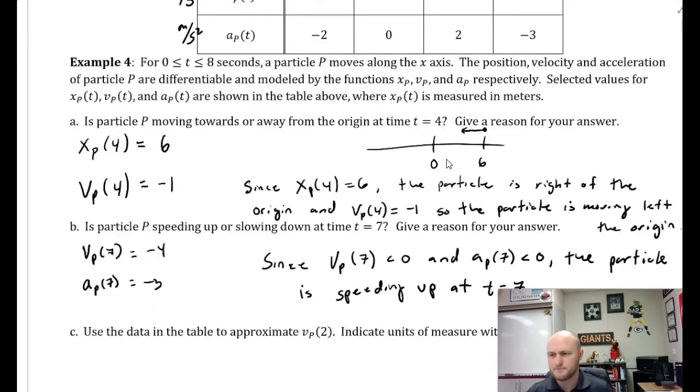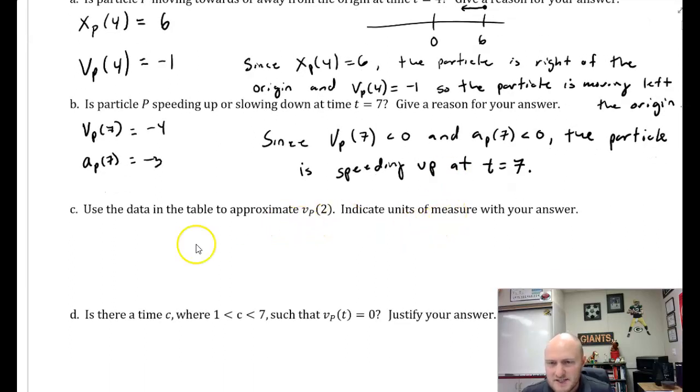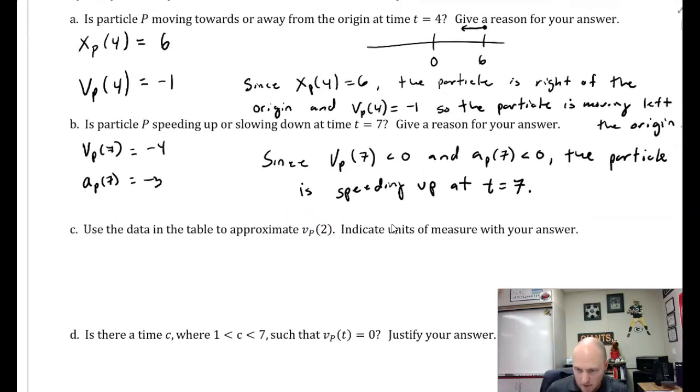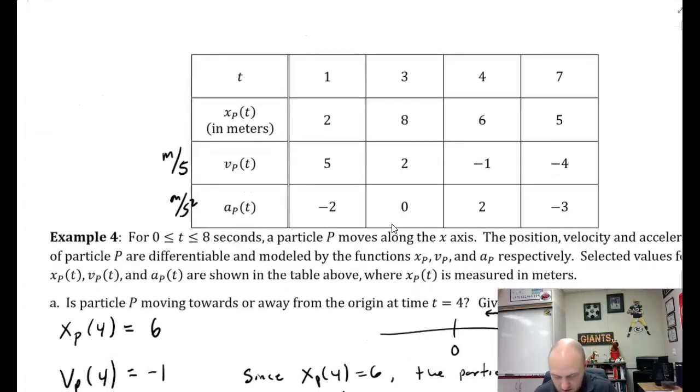There we go. Awesome. Very, very straightforward. Okay, C. Use the data in the table to approximate v sub p of 2. Now, I'm not given information about 2. I want v sub p of 2, and they want us to approximate velocity.